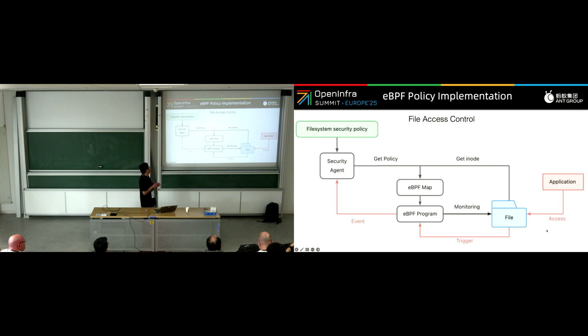Once you specify that, for example, file A will be blocked from access, read, or write, the eBPF program will copy the file's inode into the eBPF program's maps. Then once users want to open or write these files, it will be blocked by the eBPF program in LSM mode.